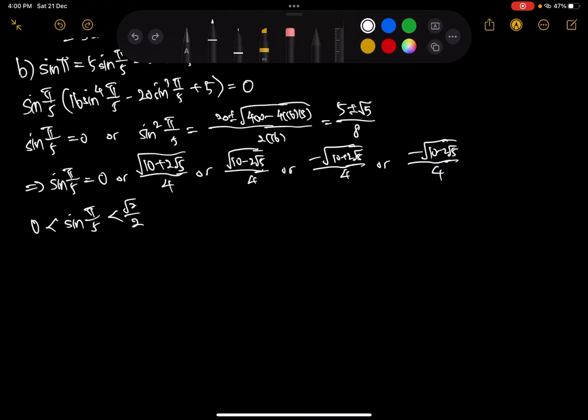And then 10 plus 2 root 5. So root 5 is about 2.236, more like 2.24, times 2 is 4.48. So 14.48 more or less root 15, which gives like 3.87, 3.87 over 4.